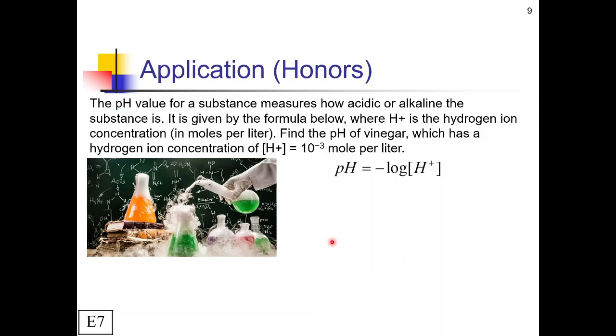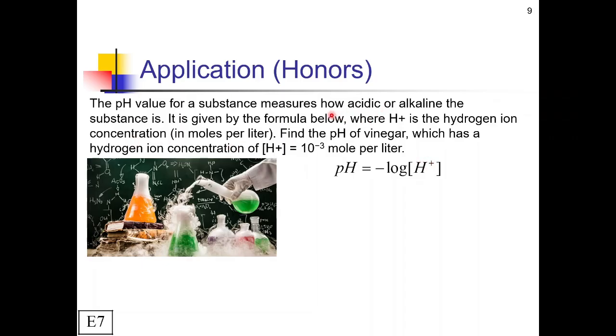There's lots of places that logarithms actually do get used in a real life setting in the sciences. This is one of the examples. So pH is on a logarithmic scale. And the pH value for a substance measures how acidic or alkaline or basic the substance is, and it's given by this formula. It's basically just negative log of the concentration of your hydrogen ions.